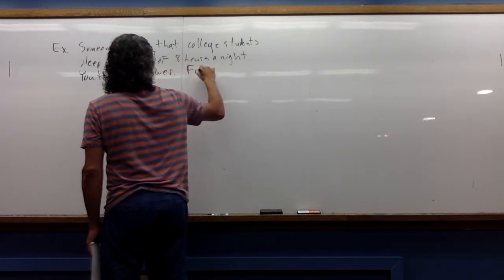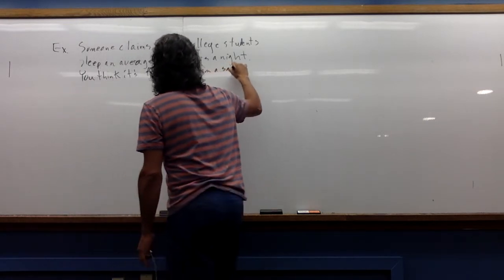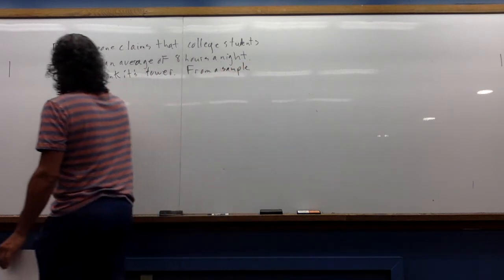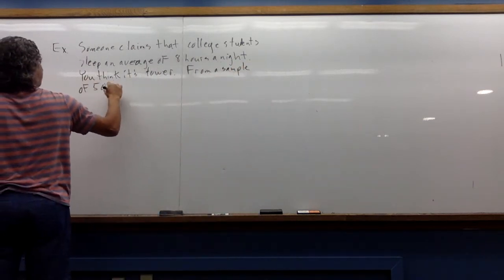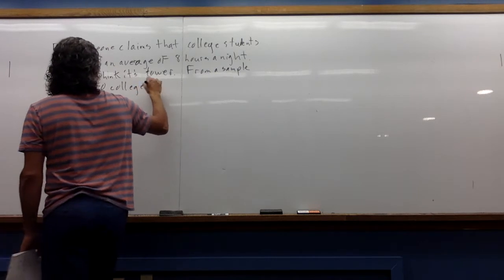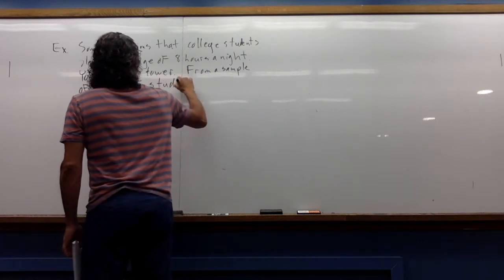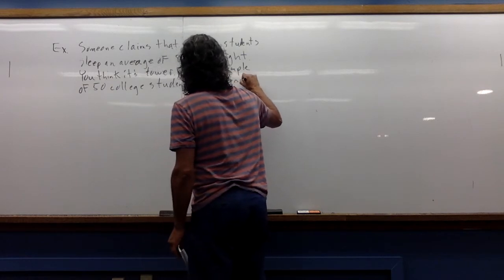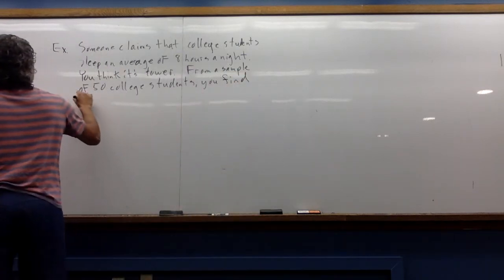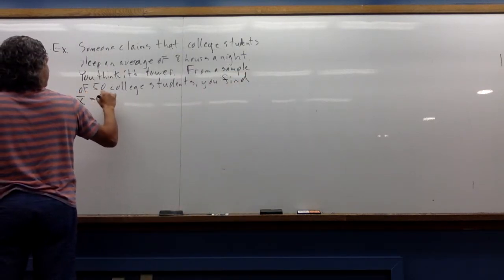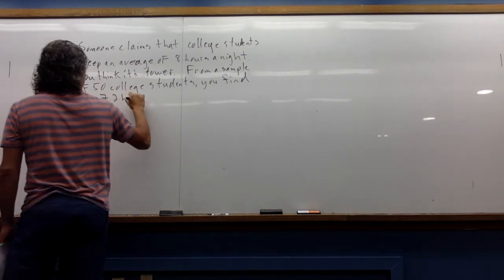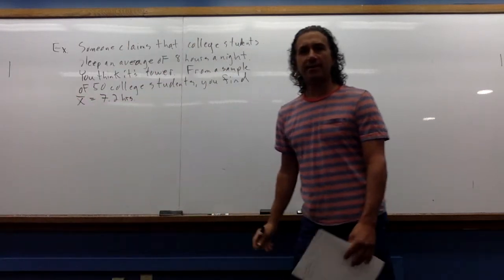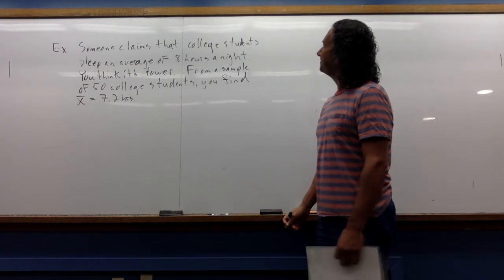From a sample of 50 college students, you find a sample mean X bar of 7.2 hours per night. Probably thinking that's still way too high, but that's all right.